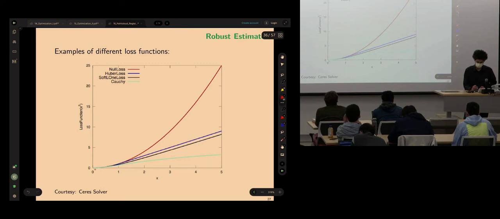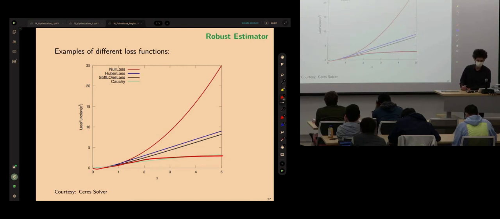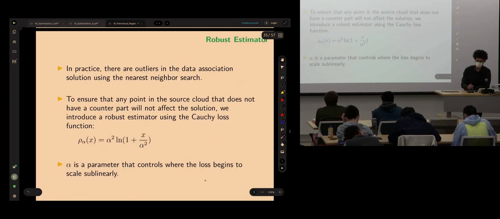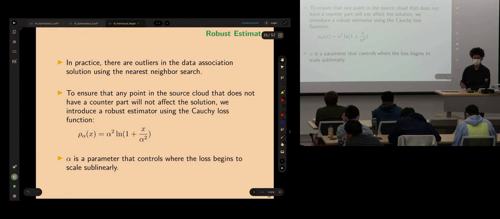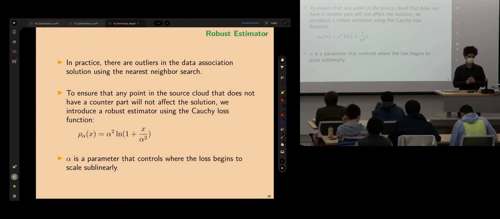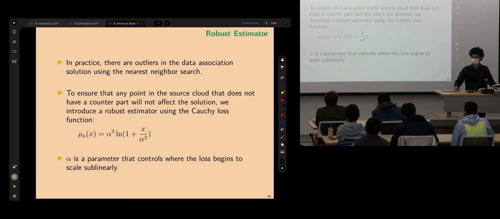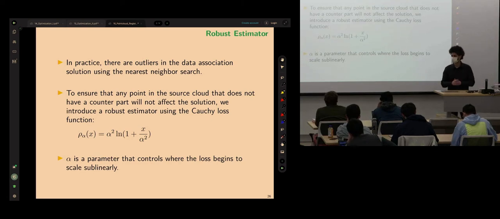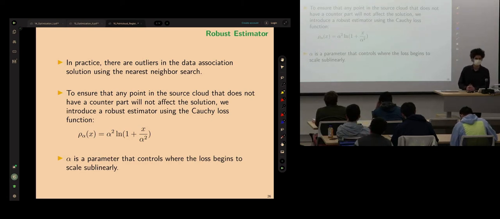The Cauchy loss in particular is the one that, as you see, more harshly penalizes large residuals with respect to the other ones. Alpha is the value at which the method starts moving sublinearly, this hyperparameter alpha. So that's why we tune it, to see where we want to bend this quadratic loss so that it ignores large residuals, because large residuals will have large gradient, and that will dominate all the good terms that have small residuals.